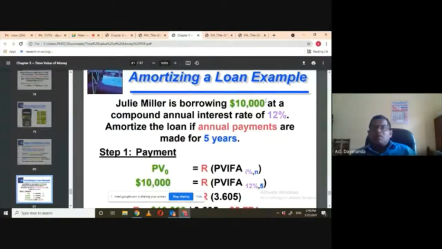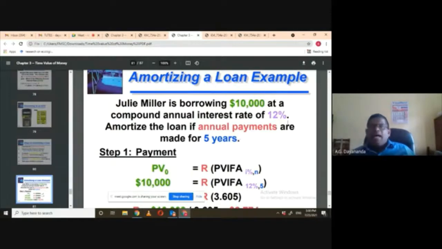Then, Julia borrows 1,000 rupees at a compound annual interest rate of 12%. Amortize the loan if annual payments are made for 5 years.